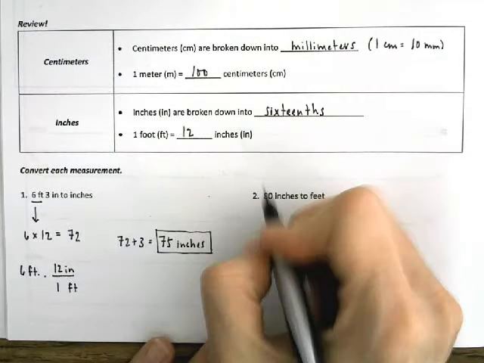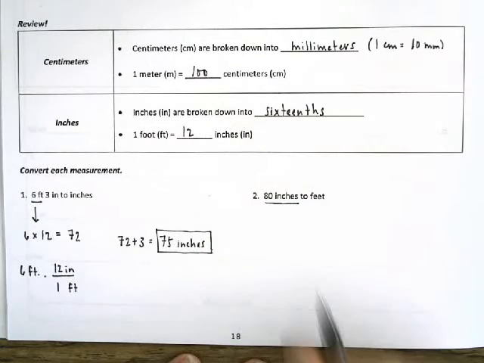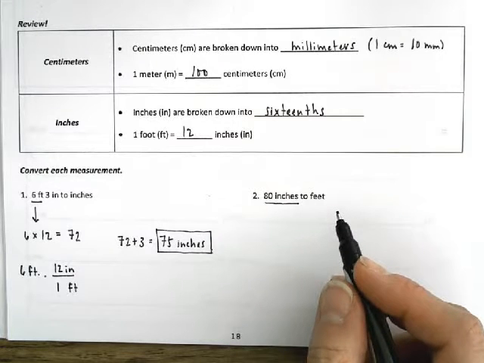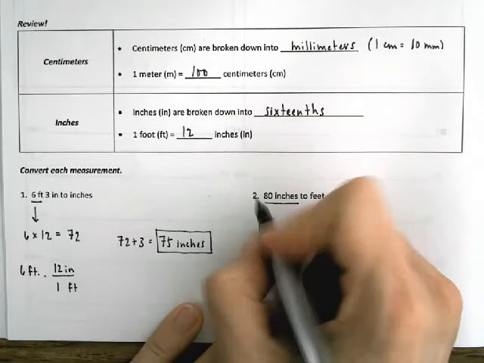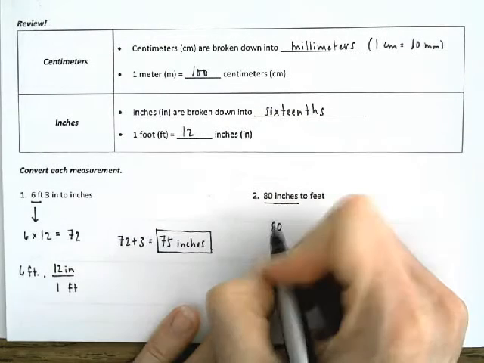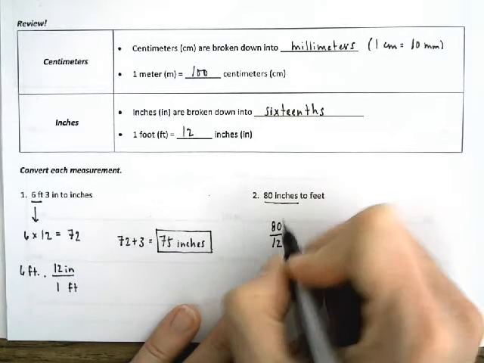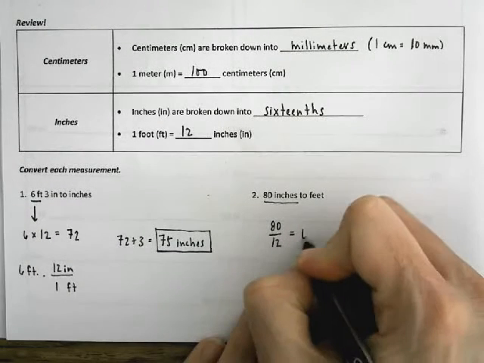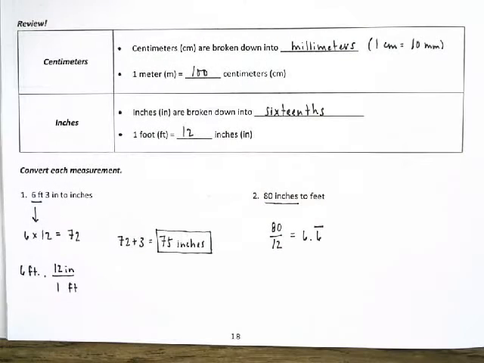Now, on the other hand, here I want to go from 80 inches and turn that into feet. But again, here's where we have to be a little careful. I know there are 12 inches per foot, so I'm going to divide by 12. When I take 80 divided by 12 on my calculator, we get 6.6 repeating.